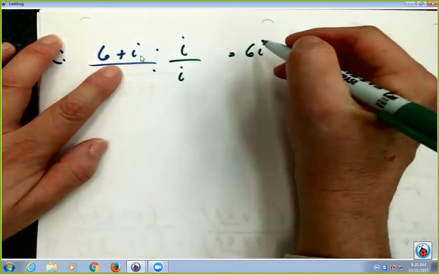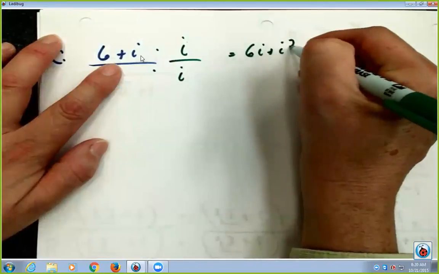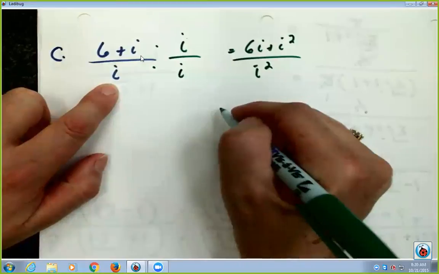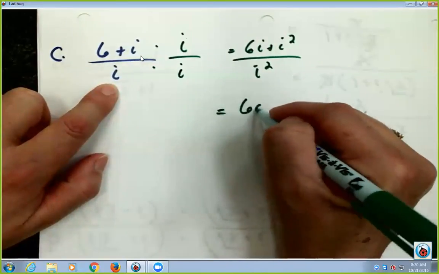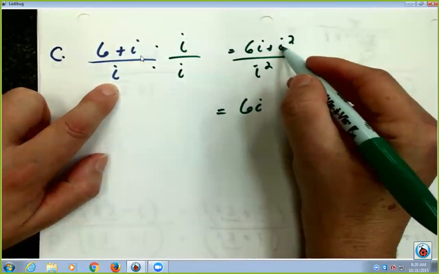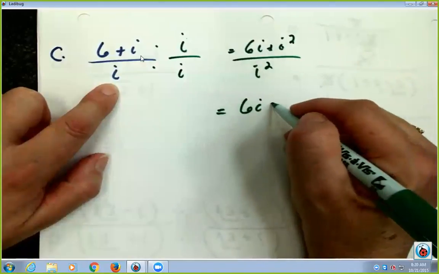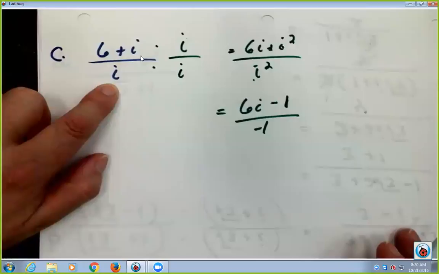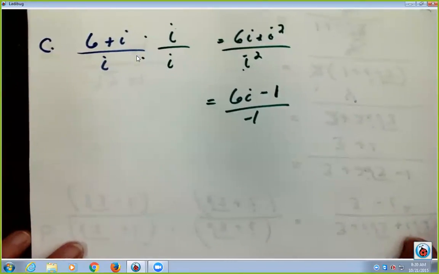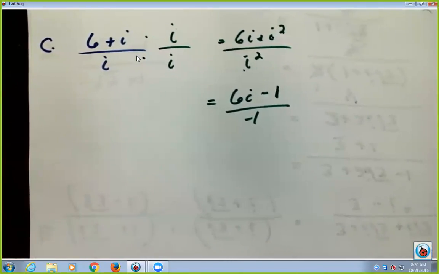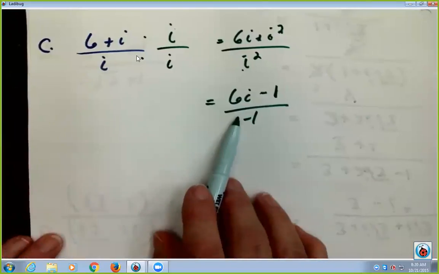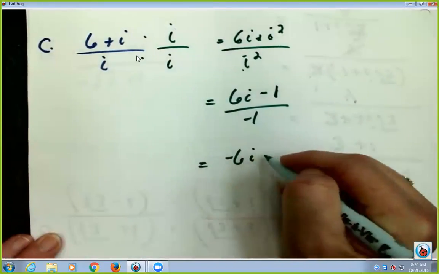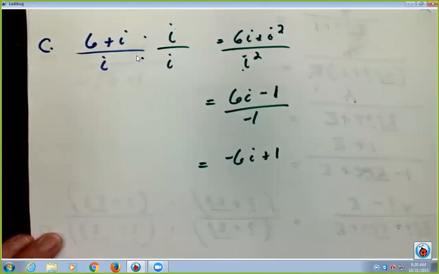i times positive i is a plus i squared. The bottom, i times i is i squared. So I'm left with 6i. i squared is a negative 1 times a positive is a negative 1. The bottom is a negative 1. But as we've known throughout this whole course, I can never leave a negative 1 in the denominator. So that means all of my signs need to change on the top.